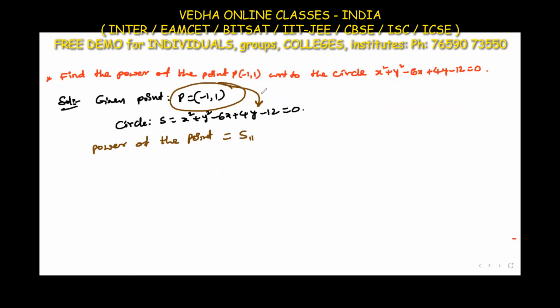It may be 5, 10, 100, minus 500, or 0, anything. If it is positive, the point is outside the circle. If the value is negative, the point is inside the circle. If the value is exactly 0, then the point lies on the circle. So we can find the position of the point by using the power of the point.